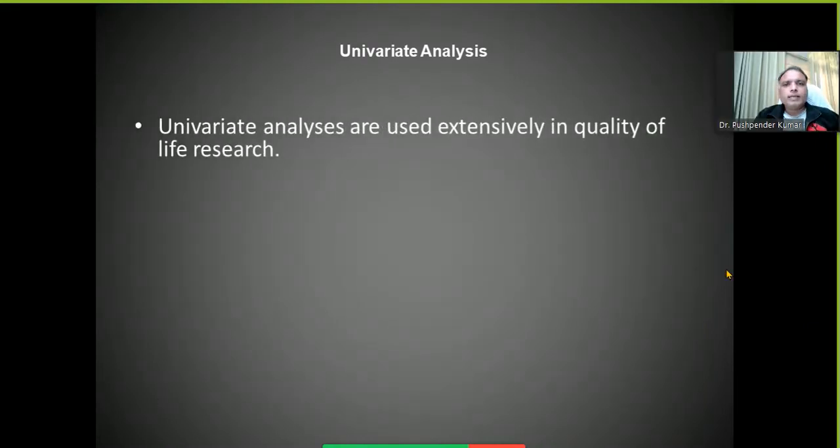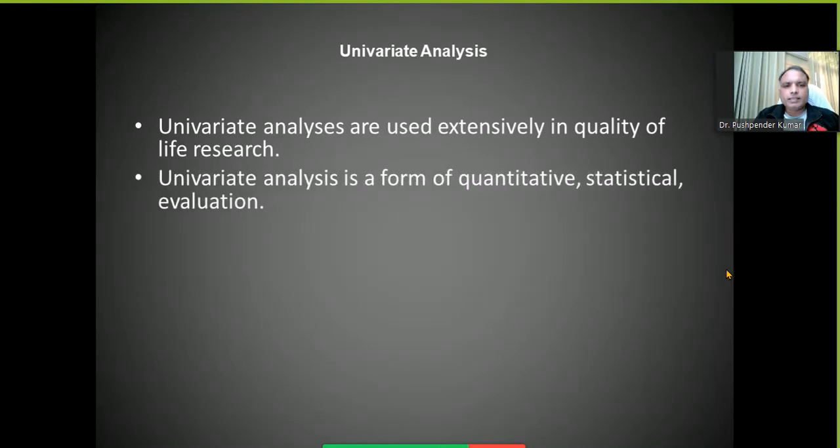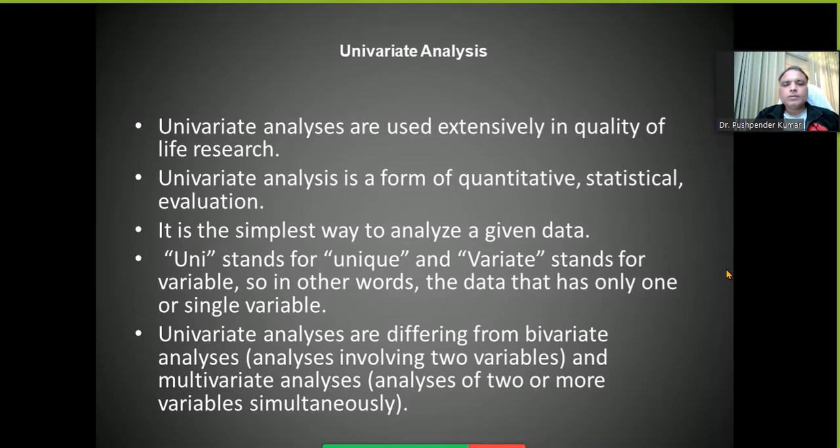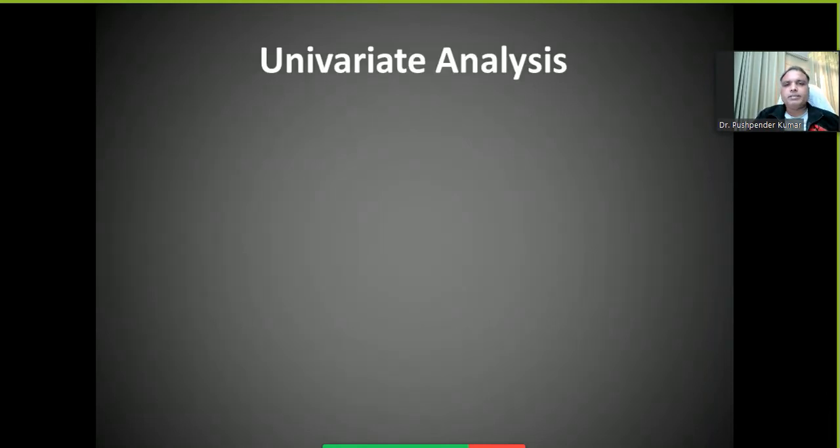Okay, so we have been talking about univariate analysis. We have discussed that univariate analysis is different from bivariate analysis. In univariate we have one variable, in bivariate we have two variables, and in multivariate we have more than two variables.